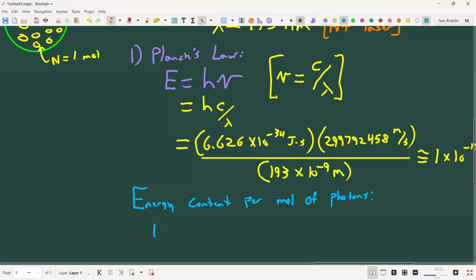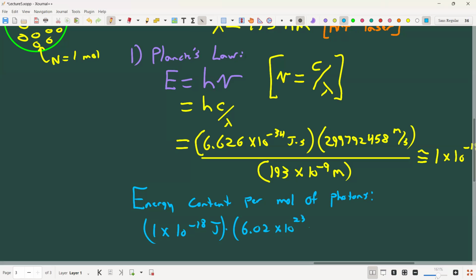Well, that's going to be 1 times 10 to the minus 18 joules times 6.02 times 10 to the 23rd per mole.